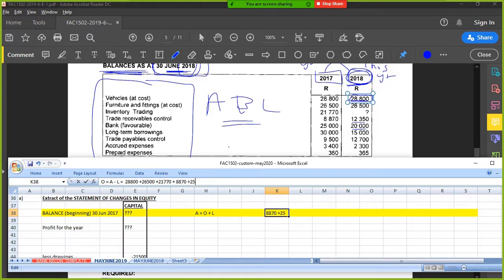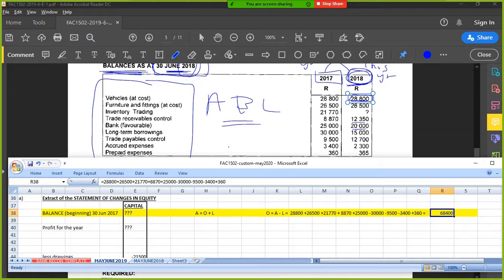Bank favorable 25,000. Long-term liabilities or borrowings minus 30,000. Trade payables minus 9.5. Accrued expenses minus 3,400. Prepaid expenses is an asset plus 36. There's my working. Assets minus liabilities. See it? Let's see what we get.